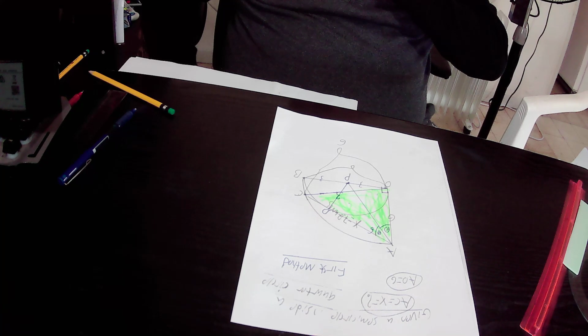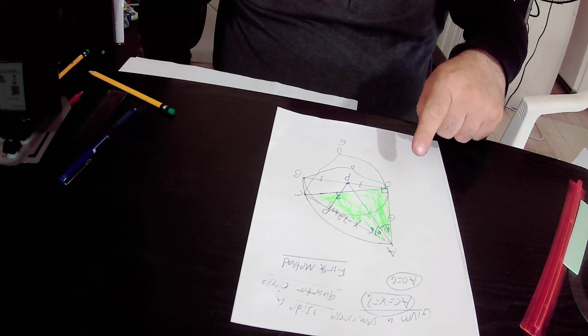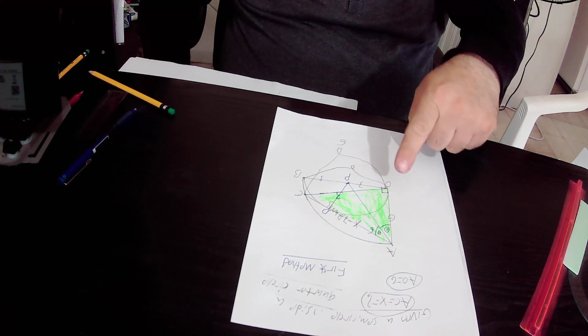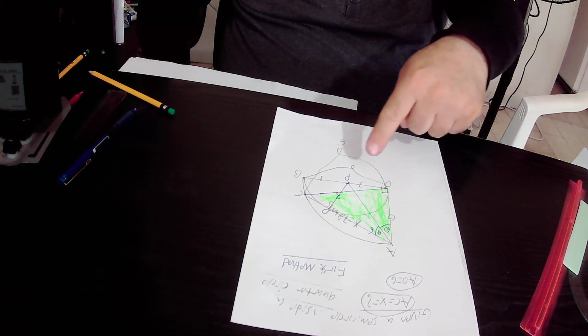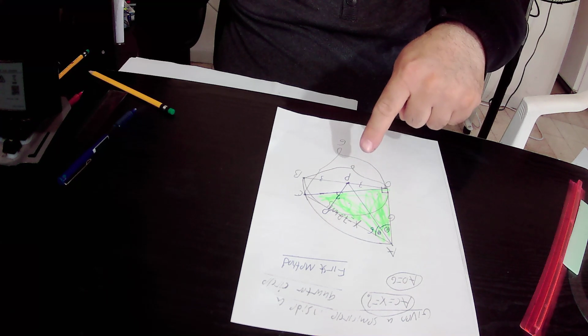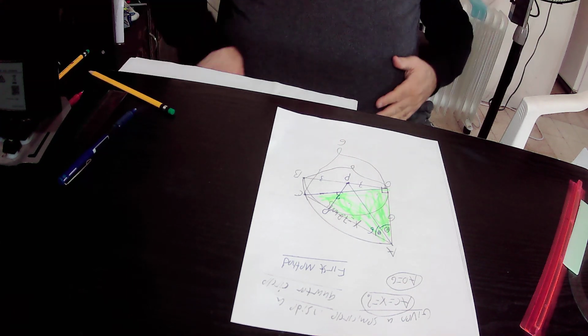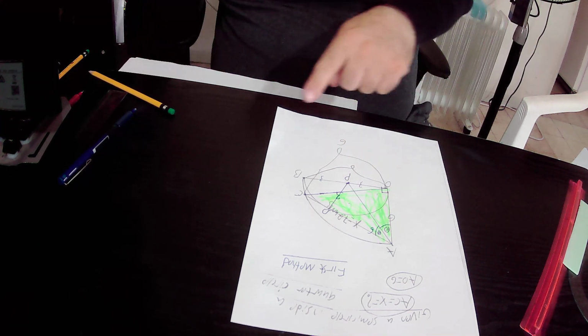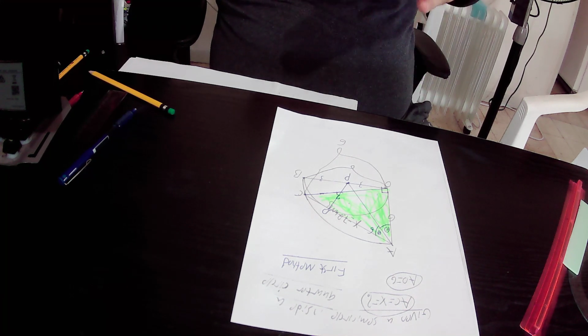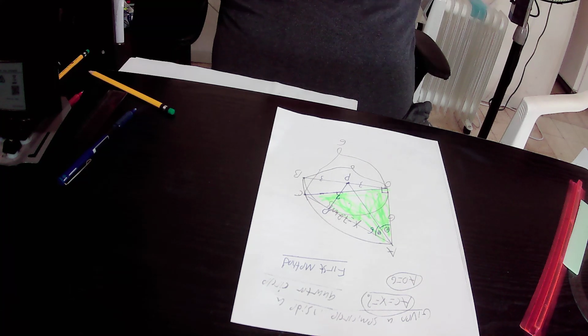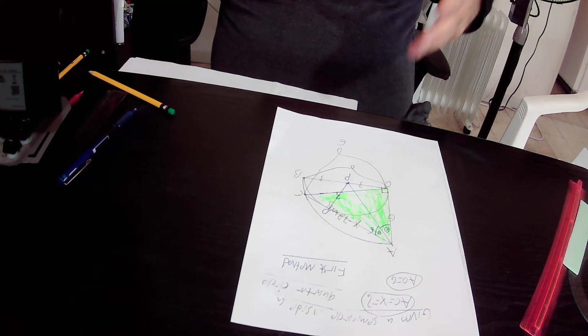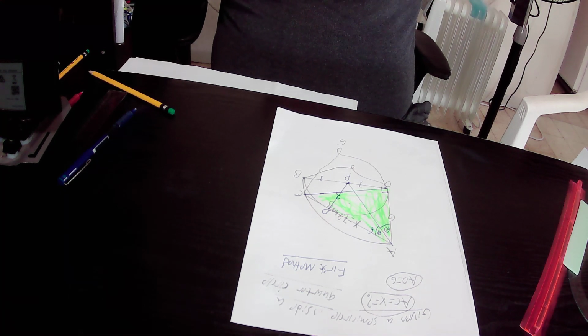We join points A and P together by a straight line, and here we join points P and D together by a straight line. OB is the radius of the quarter circle, but OB is the diameter of the semicircle, and the diameter is twice as large as the radius.